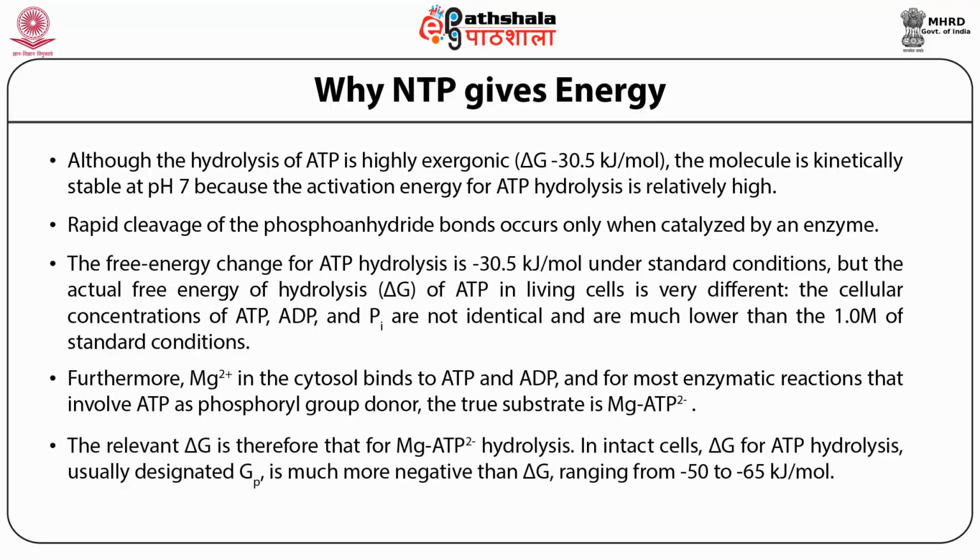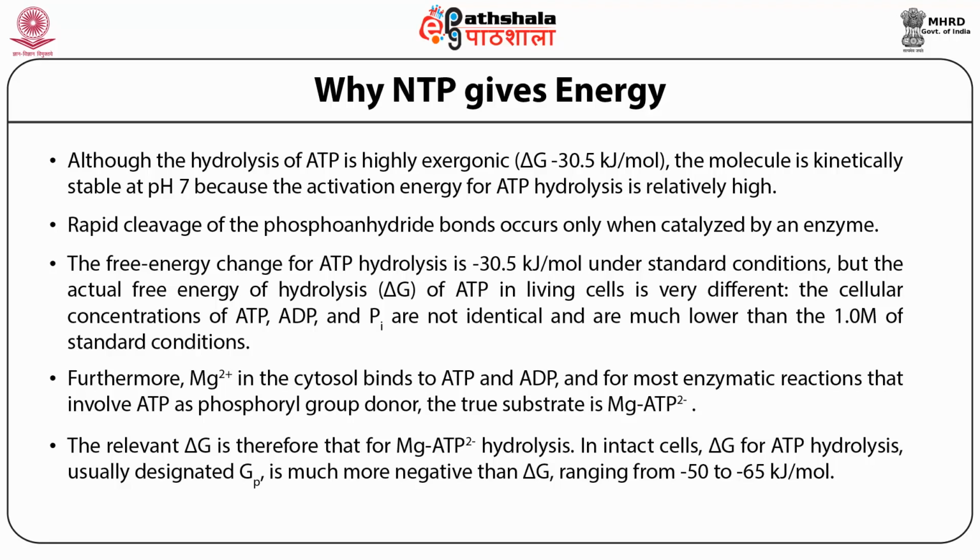So the relevant delta G for magnesium-ATP complex hydrolysis in the intact cell is denoted by another factor known as delta Gp, or phosphorylation potential, and it has a value more negative than the delta G of ATP hydrolysis.